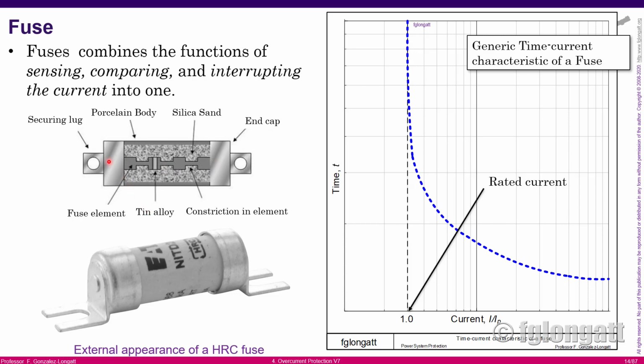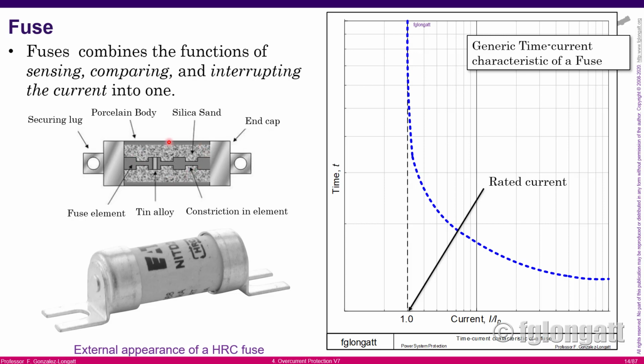The operation is extremely simple. When the current starts to increase, you are dissipating heat. But if the current moving through the fuse is extremely high, the fuse will melt this small piece of metal and then you will stop the current circulation.